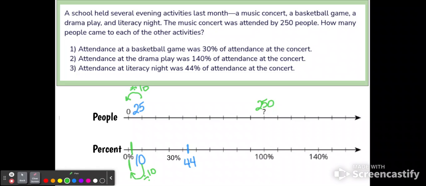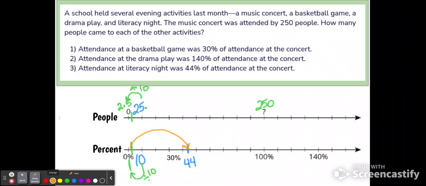Remember, when you divide by 10, you move that decimal, which is at the end of my answer, in one place value. So 25 divided by 10 is going to get me 2.5. Now that I know that 1% is 2.5, I can scale up to 44.